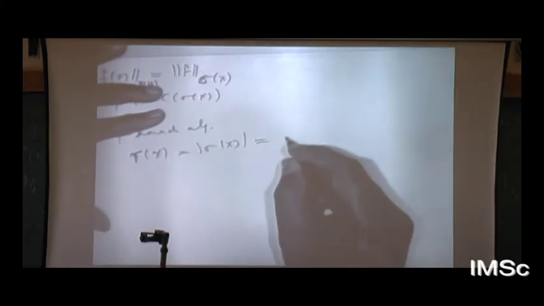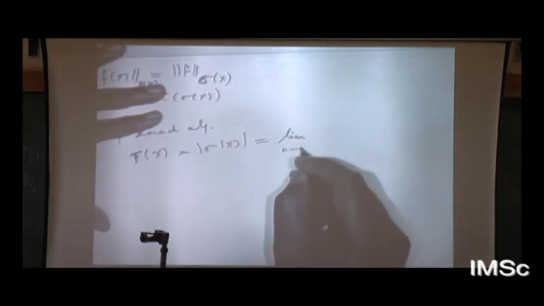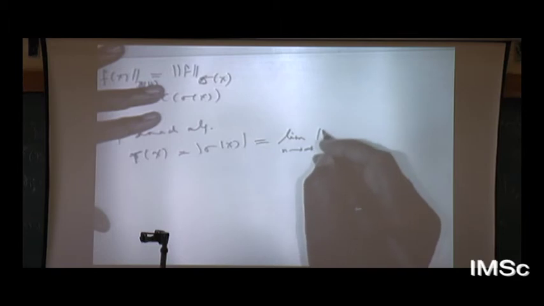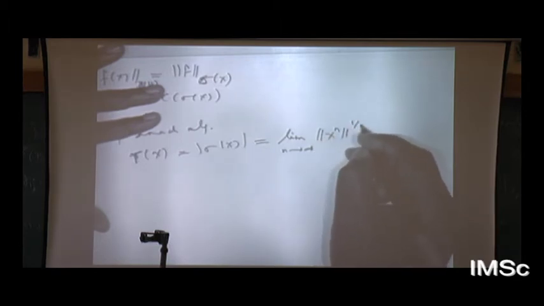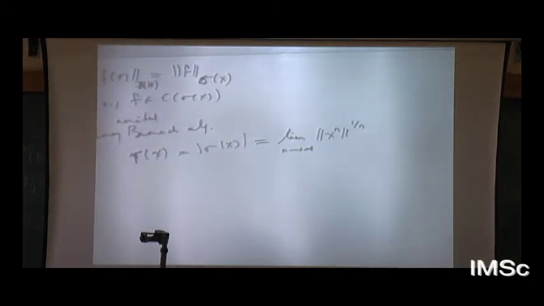The spectral radius formula says that this is actually equal to the limit as n goes to infinity of norm x to the power n, to the power 1 by n. At least some of you have seen this before, so I won't bore you with that.